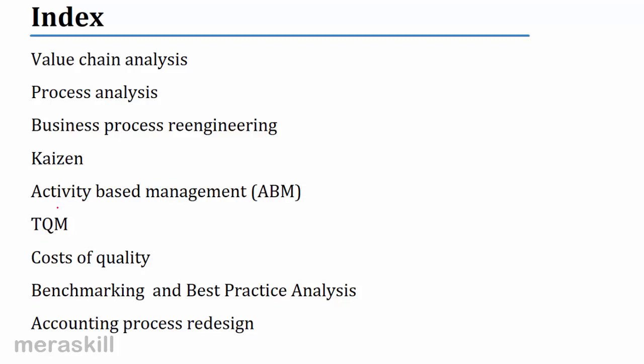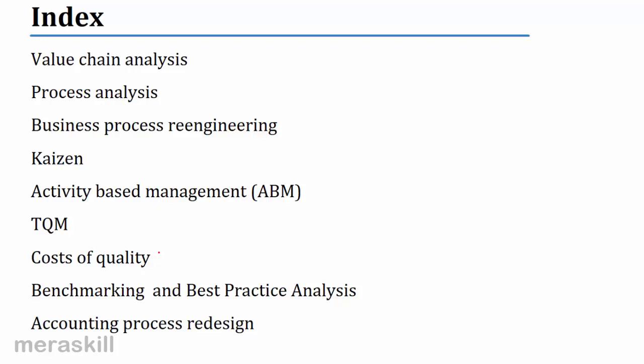TQM is another technique, total quality management, which had evolved in the West in the 80s. We shall discuss that. Having seen so much emphasis on quality, what are the costs of quality? If you maintain quality, in order to maintain quality, you incur costs. If you don't maintain quality, pay no attention to quality, mind you, you still incur costs.